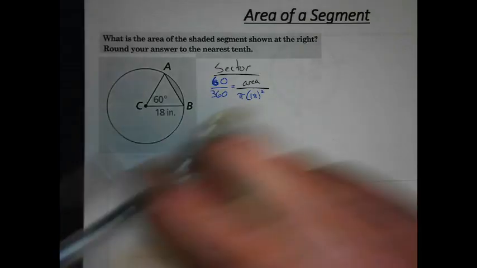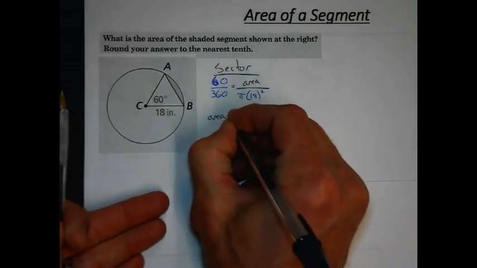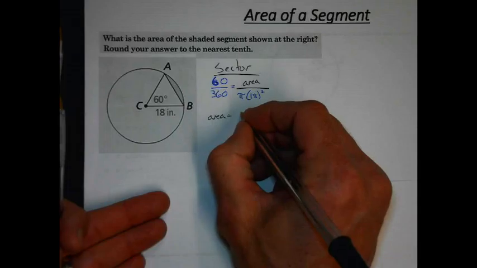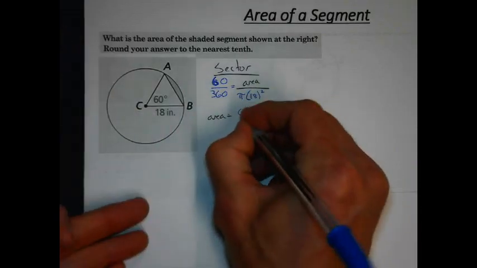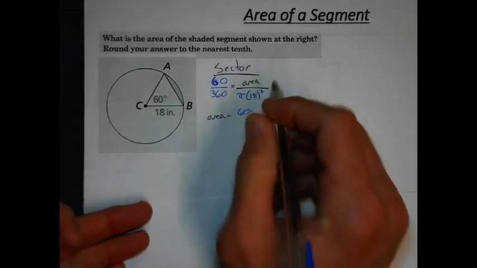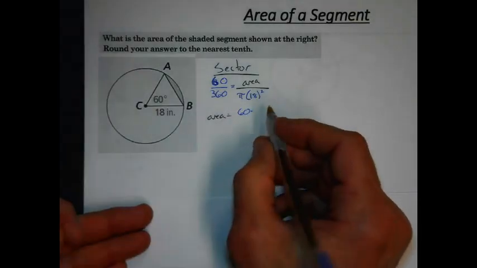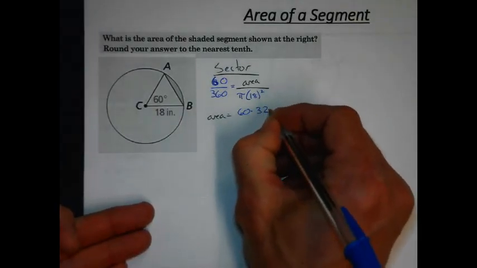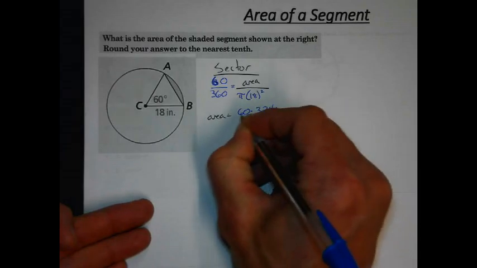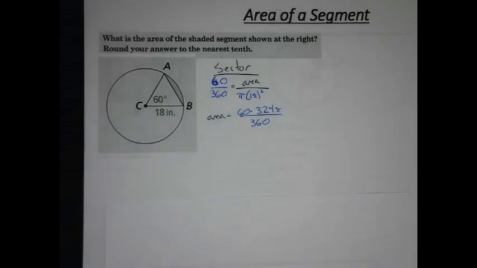So how are we going to find the area of our sector? We're going to cross multiply and divide. So we have 60 times 18 squared times pi, and 18 squared is a big number, 324, and then that will be divided by 360. Then the rest we can do the tricky crossing out like I did before.